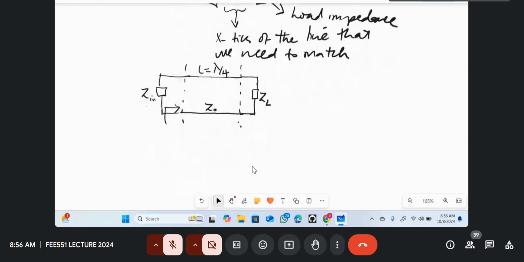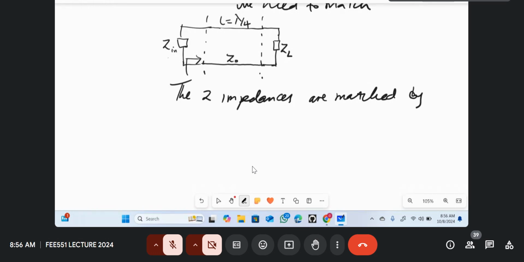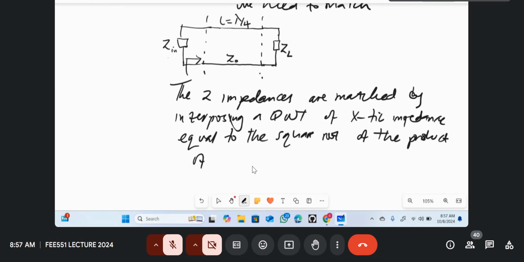So the general statement I will make is that if you have this circuit, the two impedances are matched by interposing a QWT of characteristic impedance equal to the square root of the product of the two impedances between them.